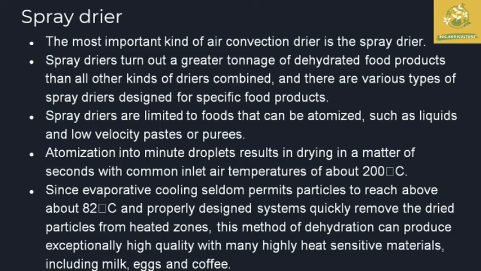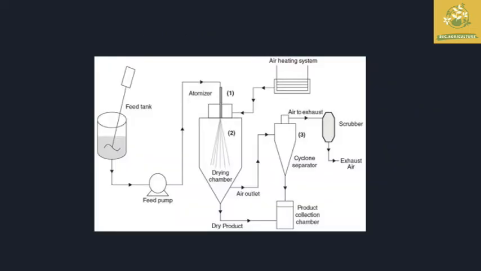Evaporative cooling seldom permits overheating, and a properly designed system quickly removes the dried particles from heated zones, so the dehydration process can produce exceptionally high quality with many heat-sensitive materials including milk, egg and coffee in the spray dryers. This is a picture of the spray drying process.